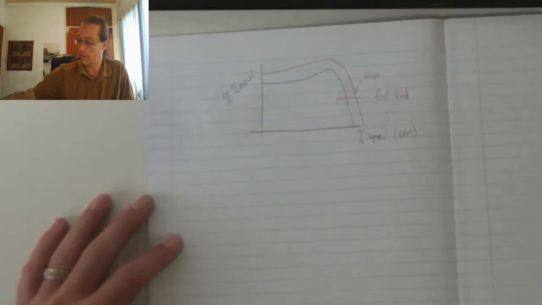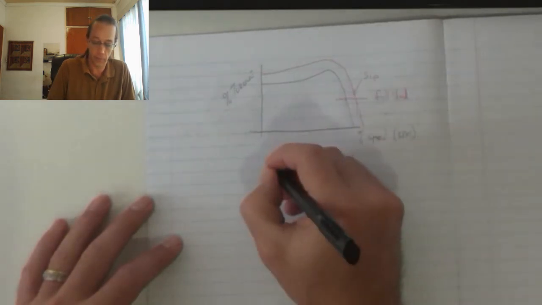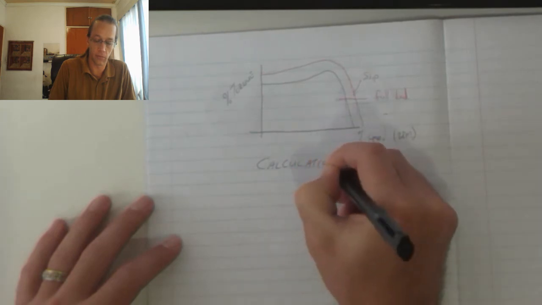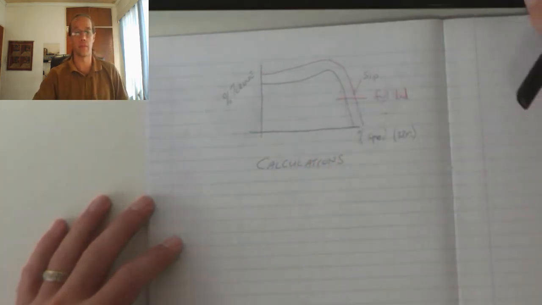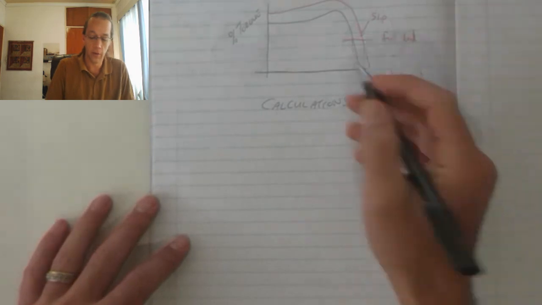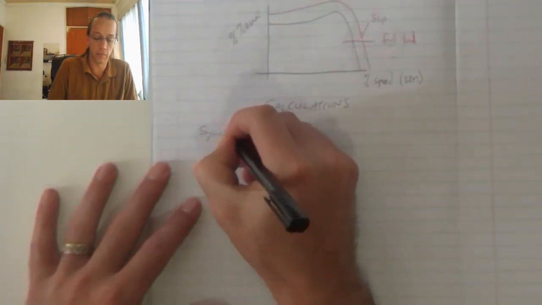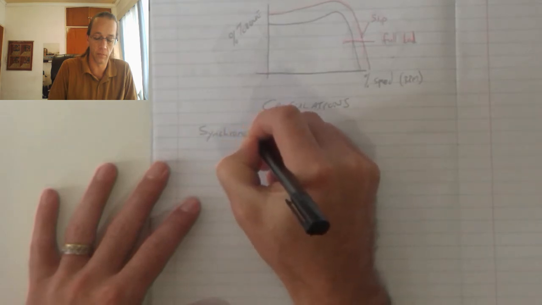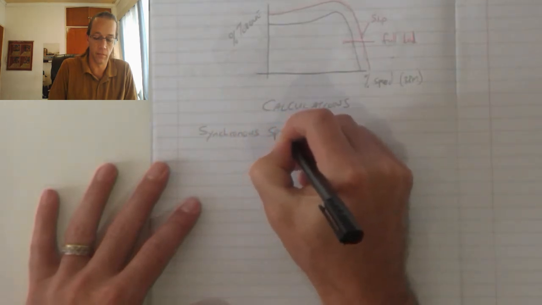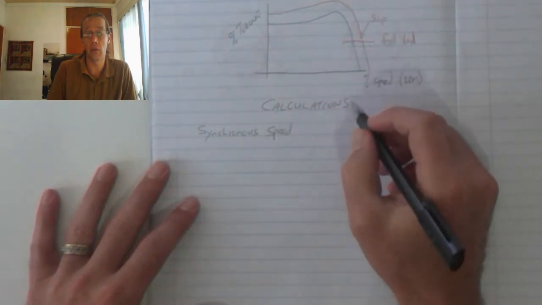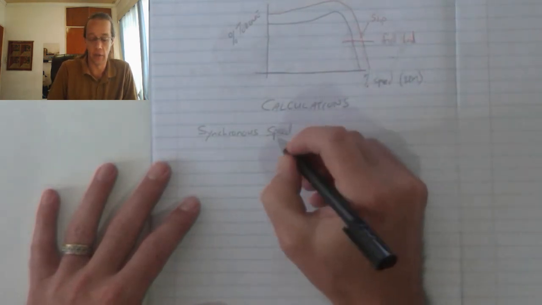Regarding calculations, firstly is my synchronous speed. Synchronous speed is the actual speed of the rotating magnetic field.